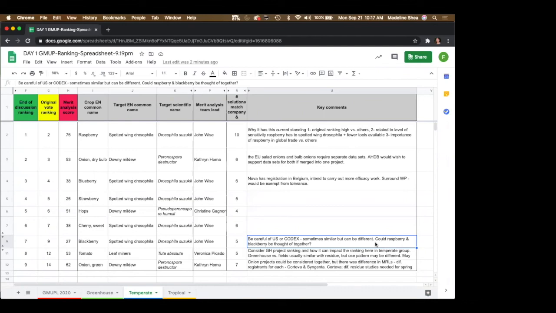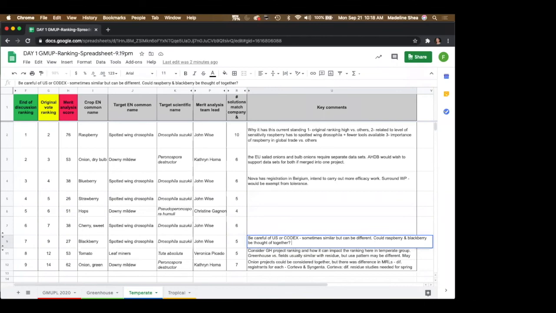So I completed the merit analysis for SWD in the UK. We are looking at spinosad and spinetoram, but for the moment, spinetoram does not have a registration in the UK, and I believe other parts of the EU. So yeah, we do acknowledge that that's a possibility, but not an immediate solution.